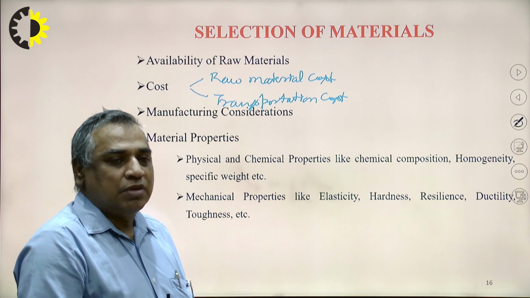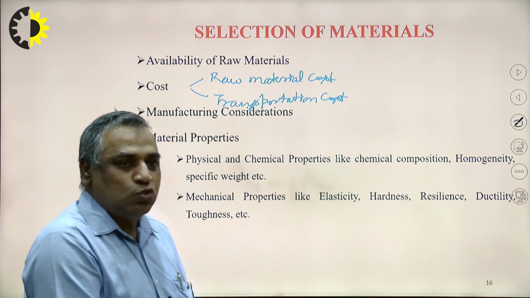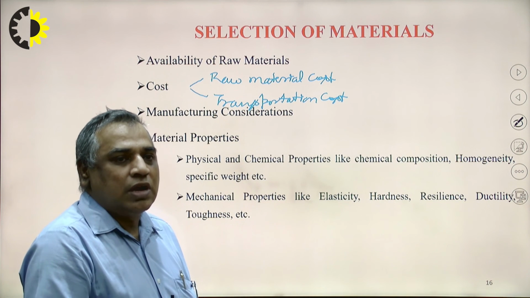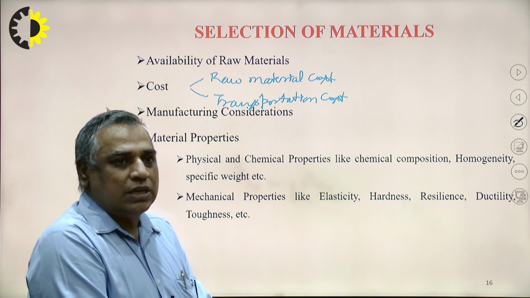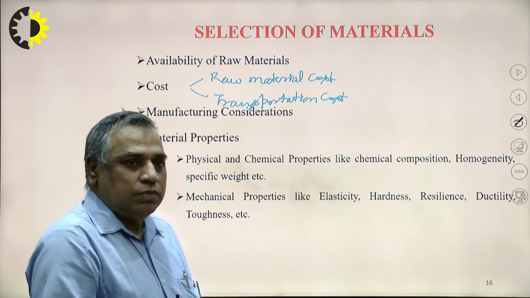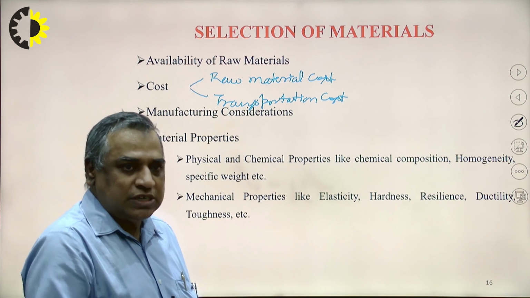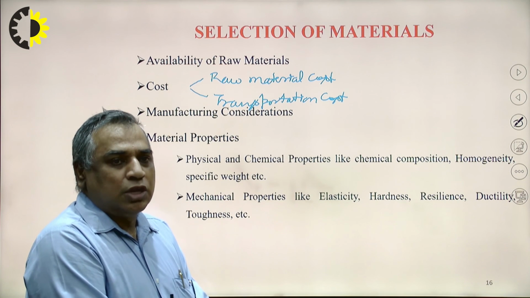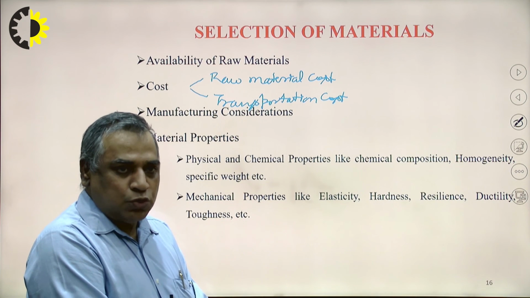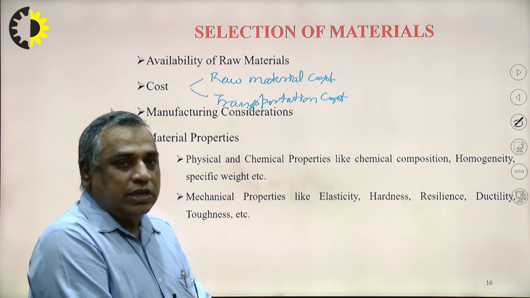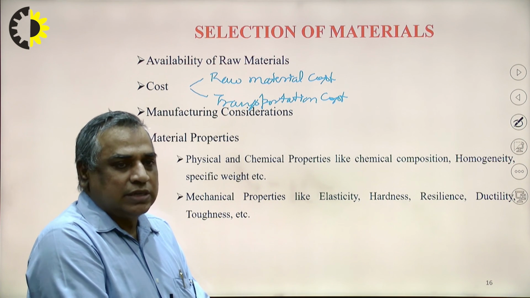Resilience: for example, if we need to select a material for a spring, it must have high resilience. Ductility: if you want to stretch some material into length, where plastic deformation is required under tensile load, then proper ductility is required, et cetera.